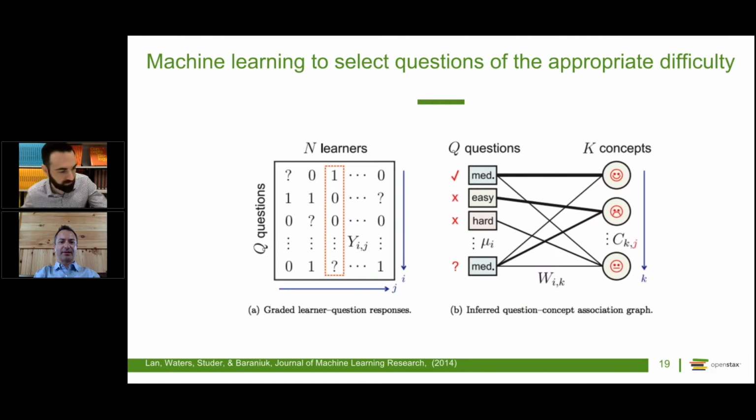Yeah, so thanks Phil. This diagram gives us a general idea of how one of our key machine learning algorithms, the one that we call SPARFA, which stands for Sparse Factor Analysis, works. The algorithm takes data from all students using the system. In particular, it finds out whether they responded to a given question and whether they answered that question correctly or incorrectly.